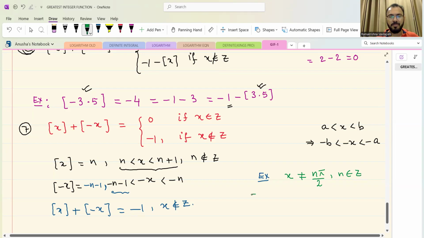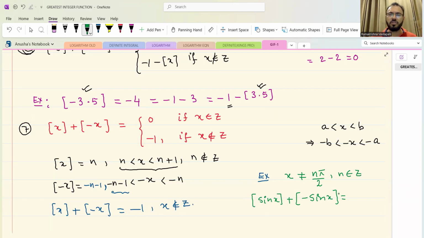What is integral part of sin x plus integral part of minus sin x? What is its value? See here, x is not equal to n pi by 2. What does it mean? x not equal to 0, x not equal to pi by 2, x not equal to pi, x not equal to 3 pi by 2, etc.